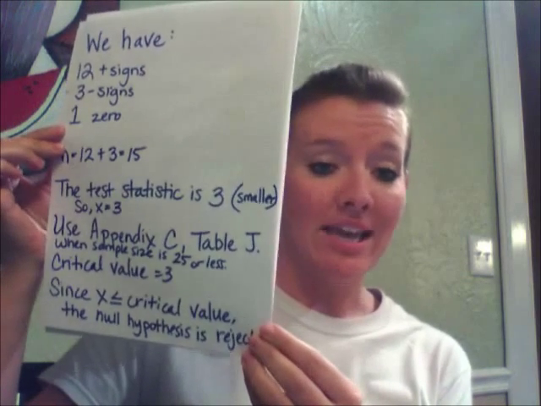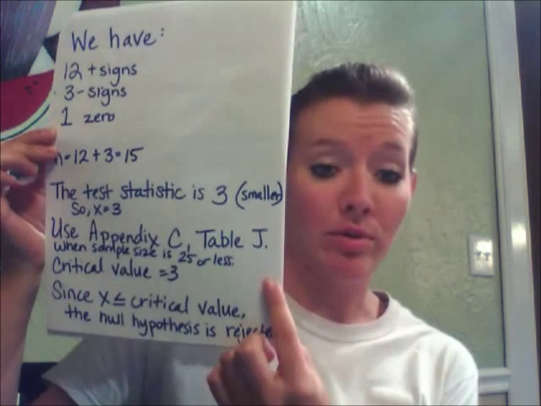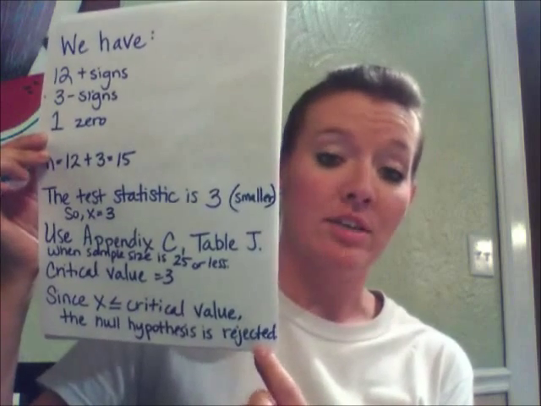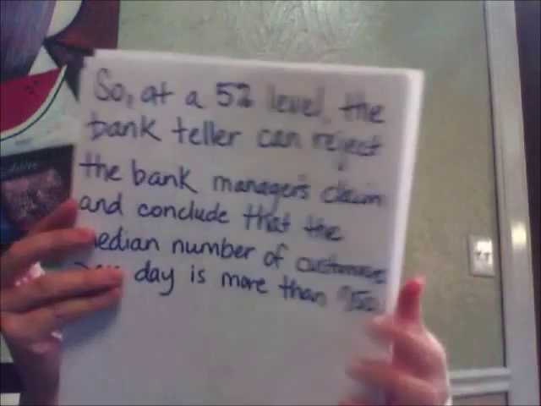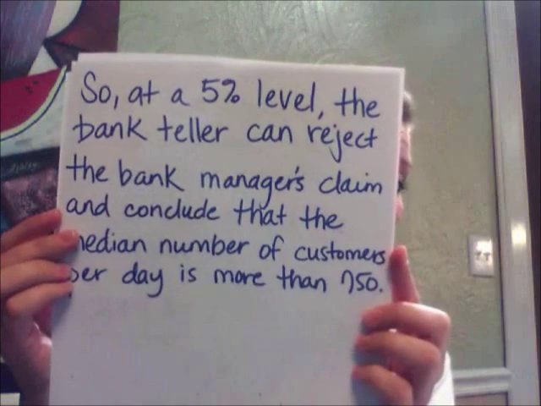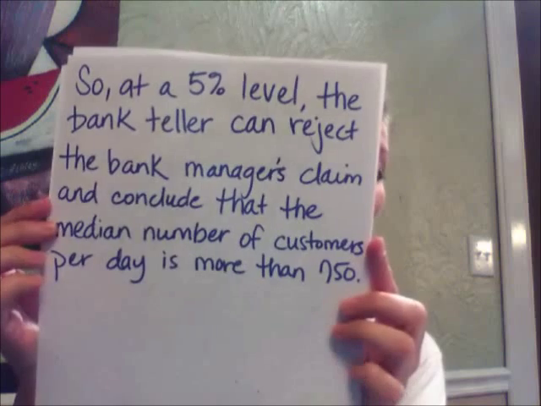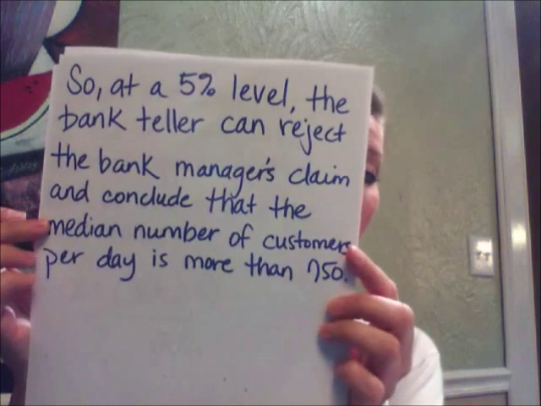And since x, which is 3, is less than or equal to our critical value, which is also 3, the number we get from our chart, then the null hypothesis is rejected. So, at a 5% level, the bank teller can reject the bank manager's claim and conclude the median number of customers per day is more than 750.